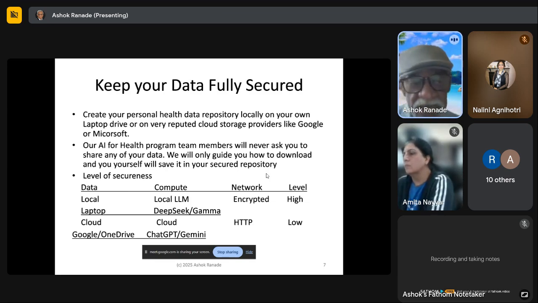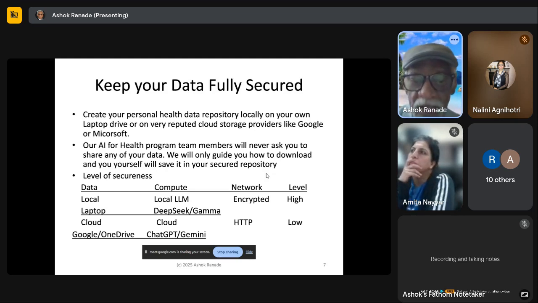Yes, it is a little more risky compared to having it locally on your laptop, but these reputed cloud service providers guarantee a fairly high level of security. So I think there is no harm in keeping your data repository on cloud.